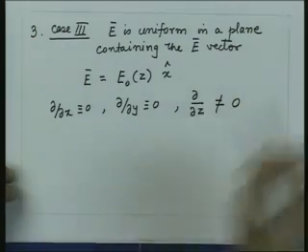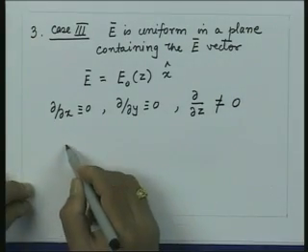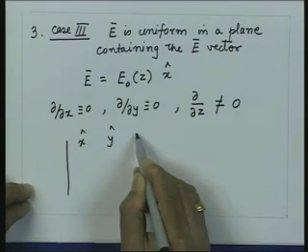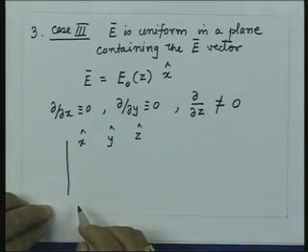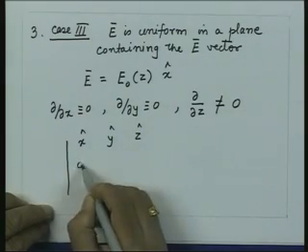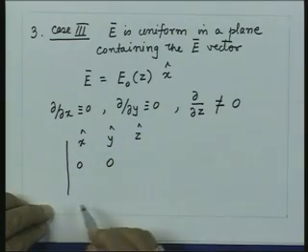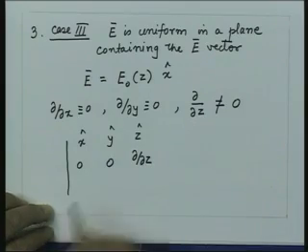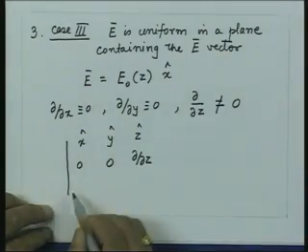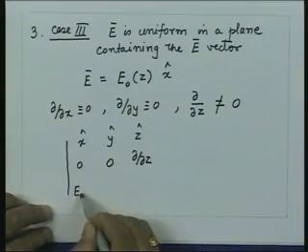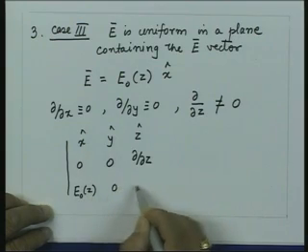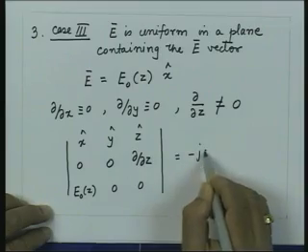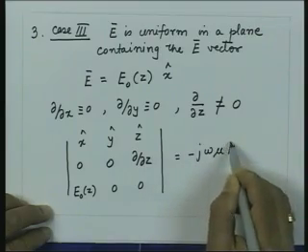I can go back to the same curl equation and substitute. So I get x, y, z, d by dx is 0, d by dy is 0, d by dz, the x component of electric field is E0z, 0, 0, that should be equal to minus j omega mu into h.